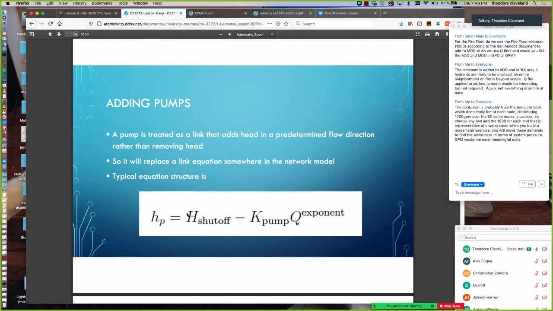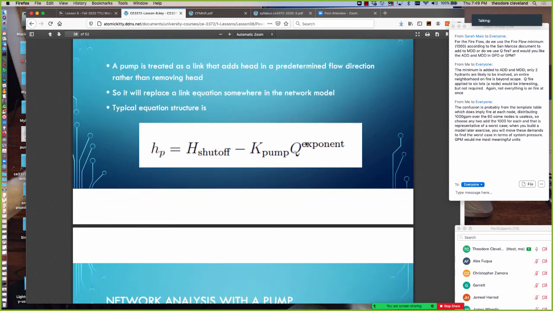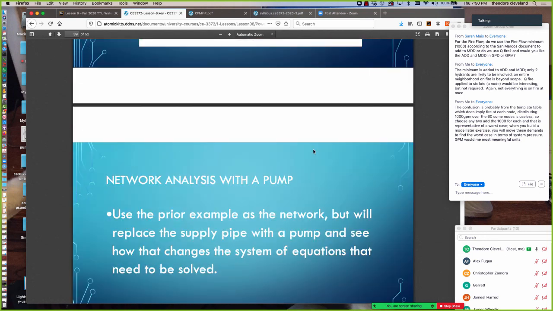And the head loss model for a pump is the added head of a pump is equal to the shutoff head minus some pump coefficient times the flow rate of the pump raised to some exponent. Usually we're trying to shoot for an exponent of 2 to get it close to a square, but not all real pumps have that.